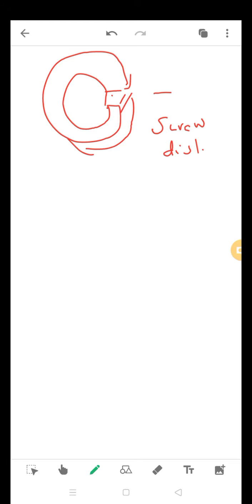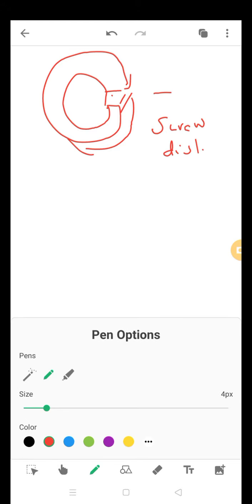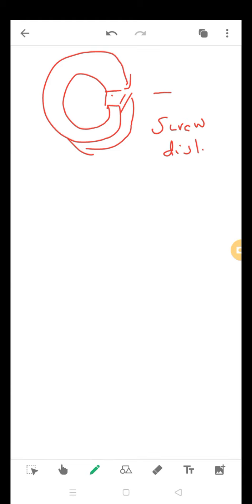And now talking about disclination, which not only has a translation component but also a rotational component to it.